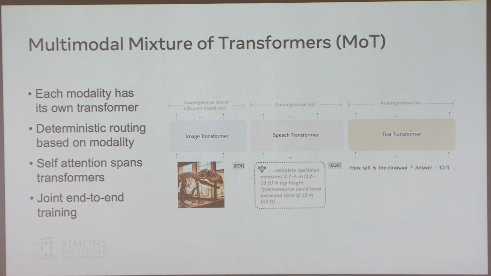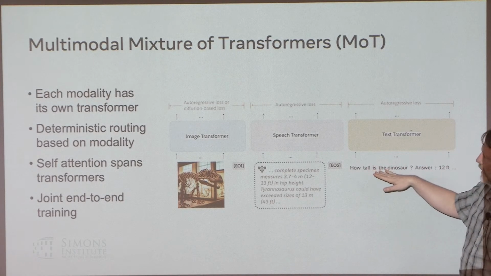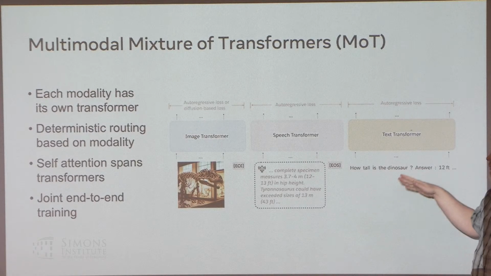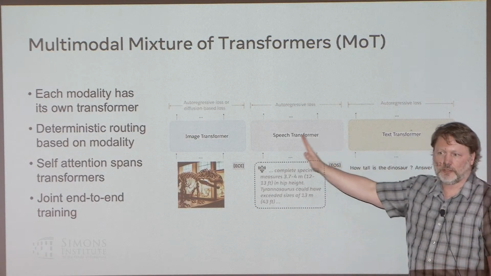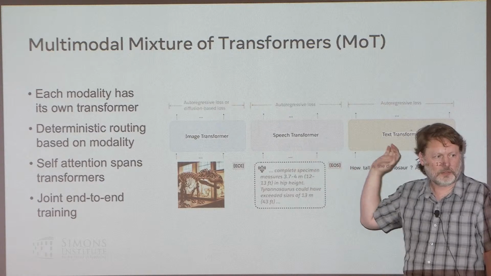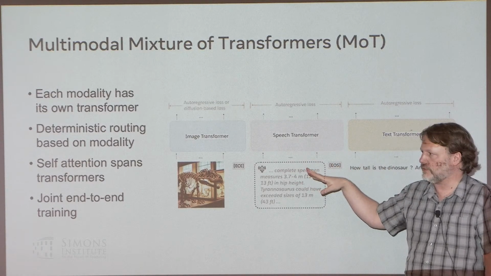But what we're going to do here is have multiple different entire transformers, and deterministically route them based on modality. We'll have an image transformer, a speech transformer, a text transformer, whatever modalities you have. Then you just look at the input token, or the input patch, and pick the appropriate transformer. But it will still all be trained jointly, end to end, with the losses that we were talking about before.